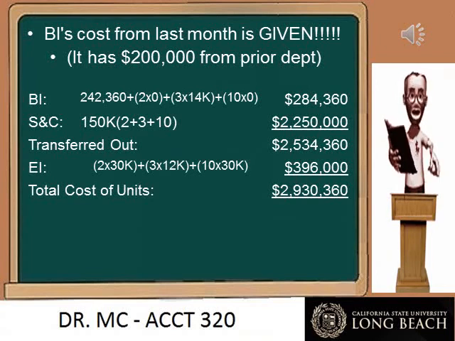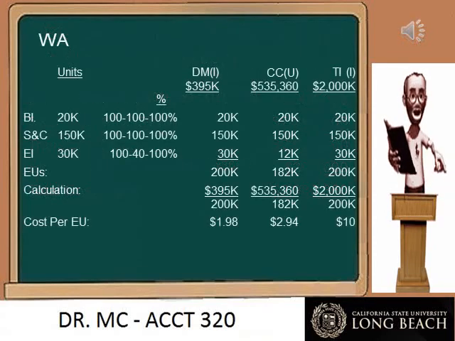We will now redo this example using the weighted average method. Remember that the first change from FIFO is to add last month's costs to the numerator. So, for transferred in we add beginning inventory's $200,000 transferred in cost from last month to the $1,800,000 for this month to get a new numerator of $2 million.